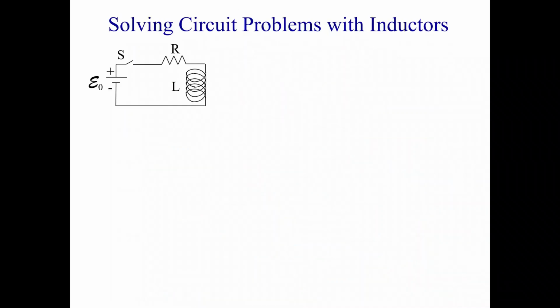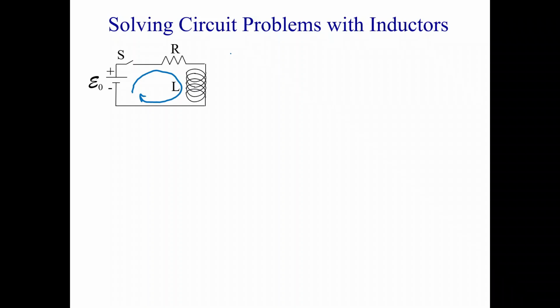So let's see how we can go about solving one of these loop rule problems for inductors. Once again, this is a simple series circuit. We can see more complicated ones in the derivation packets. We're going to choose a loop direction that goes this way around the loop.